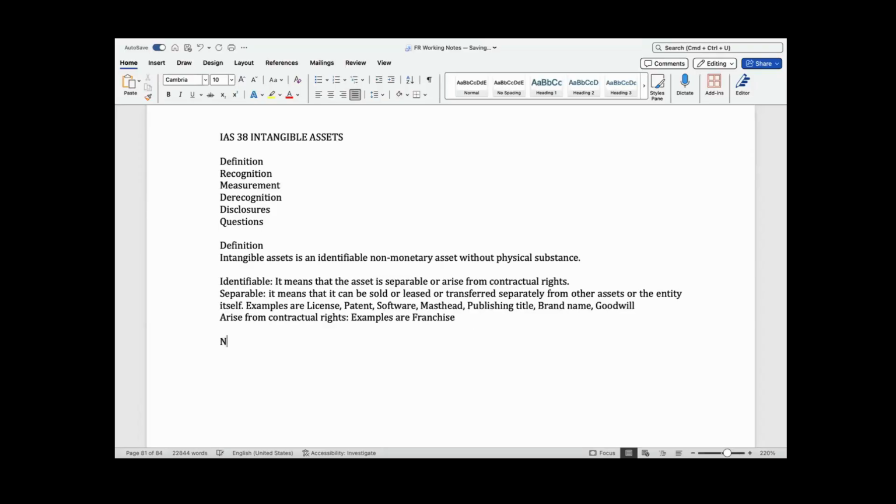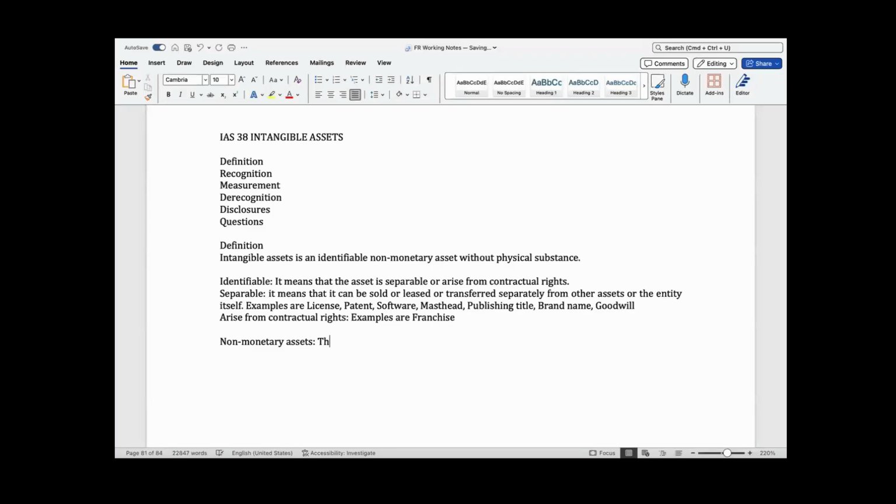That's one. Two is non-monetary assets. So an intangible asset is also a non-monetary asset.